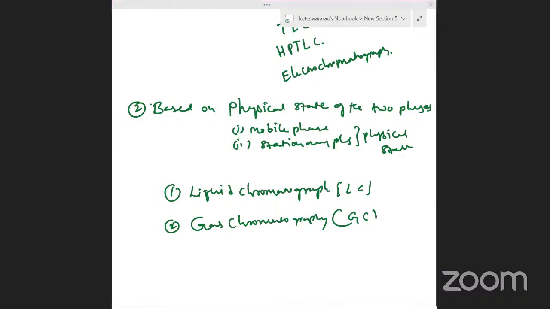First, coming to liquid chromatography. What is LC?